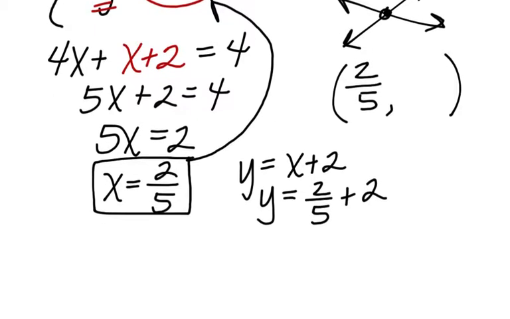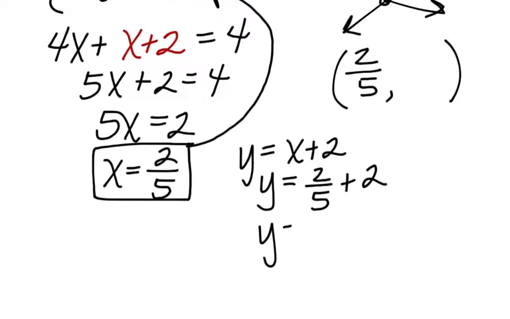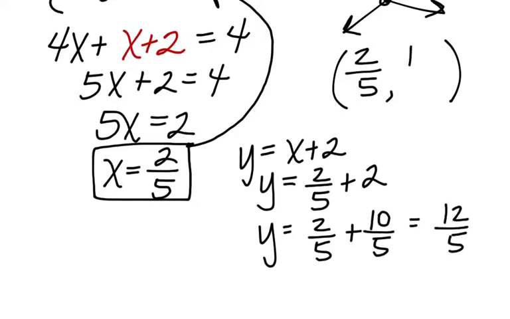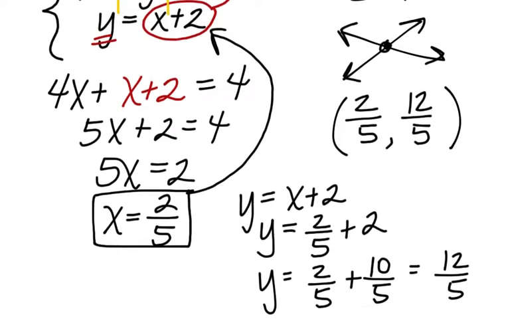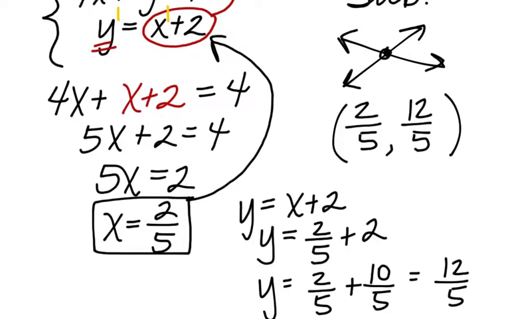So that's 2/5 plus 2. And then just get a common denominator. That would be 2/5 plus 10/5. So it looks like my y value is 12/5. Therefore, the intersection of these two lines is at 2/5, 12/5. And this would be the solution to the system of equations.